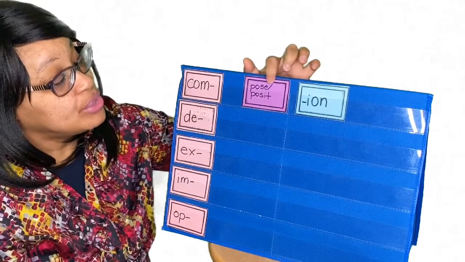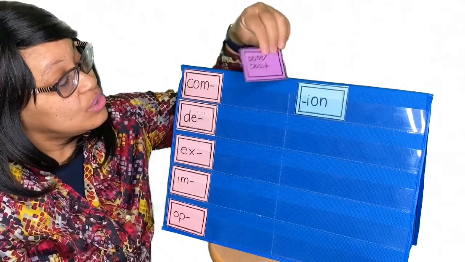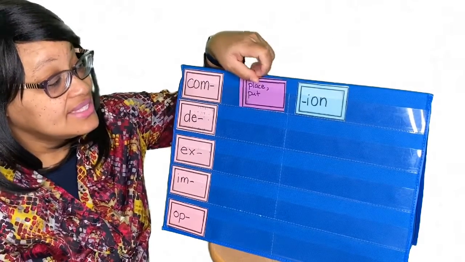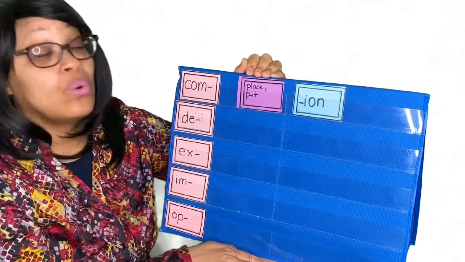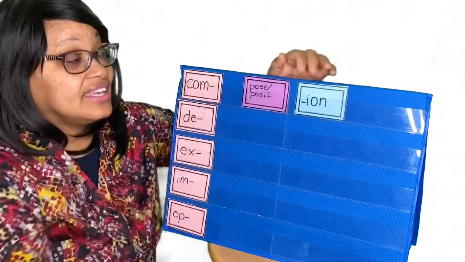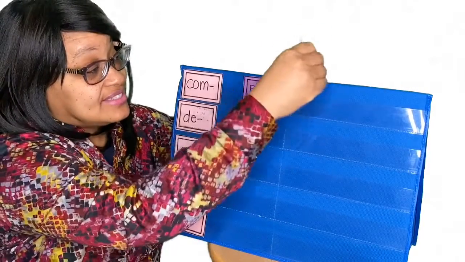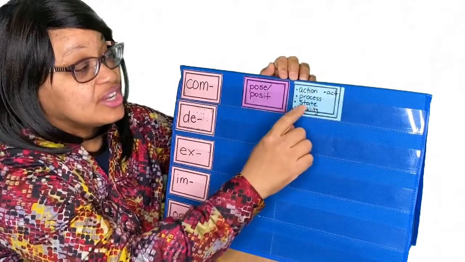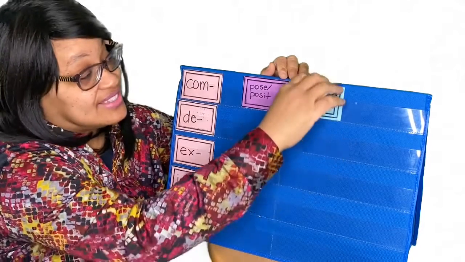We have pose or posit, which means place or put. And finally, our suffix ion, which means an action, process, state, quality, or act.